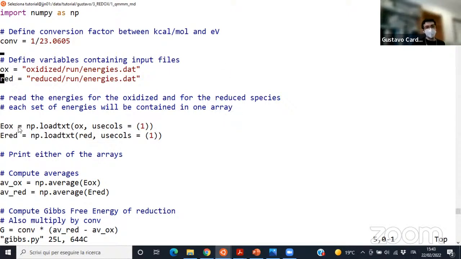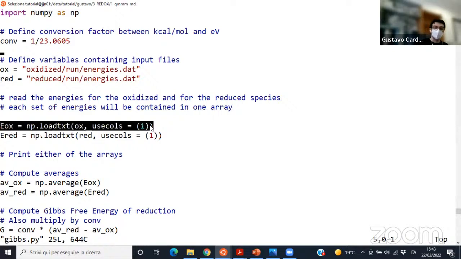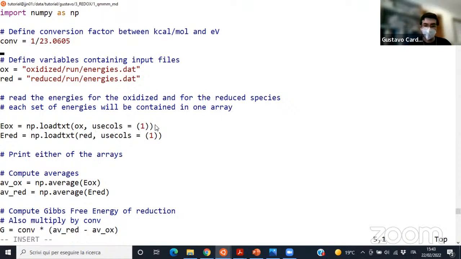Then we're going to use this NumPy stuff. So what we are doing is creating one array, or one list, for the energies of the oxidized state. So suppose that they're going to be written like something like that.